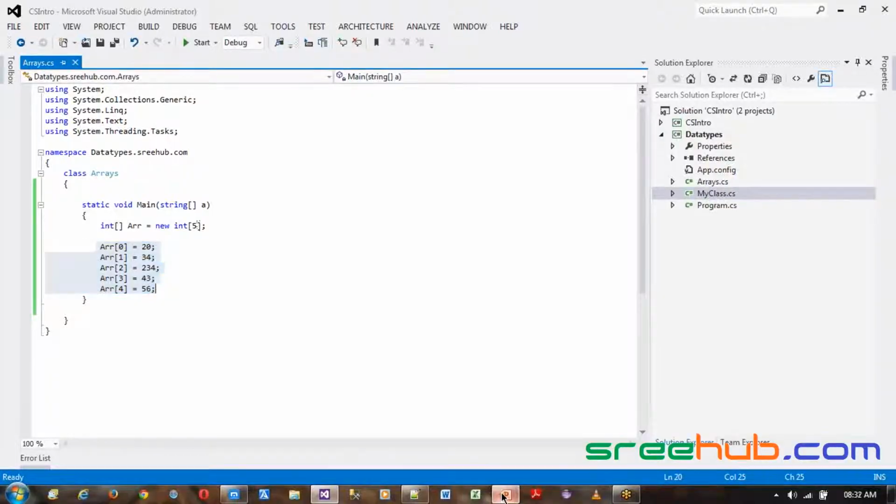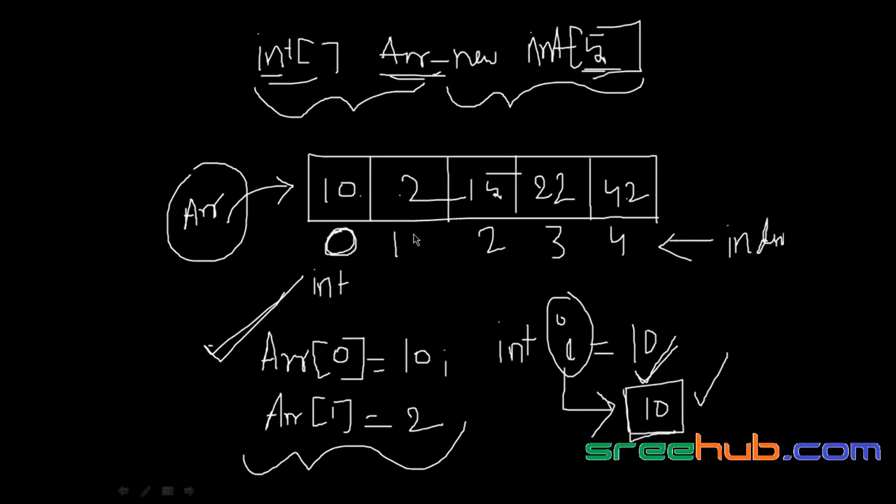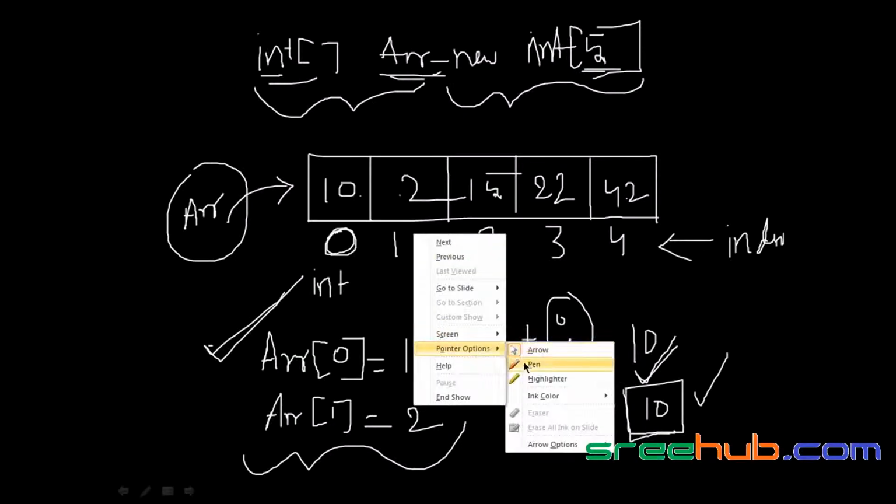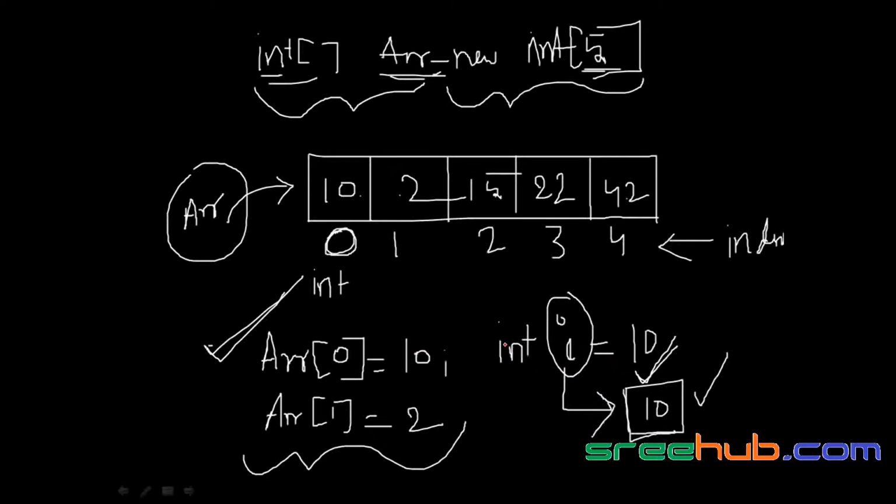Now, when it comes to memory, let's see what happens here. We know that an integer is a 4-byte type, it takes 4 bytes. Here you can see these are a set of integer values. Each block is nothing but a separate integer which takes 4 bytes.